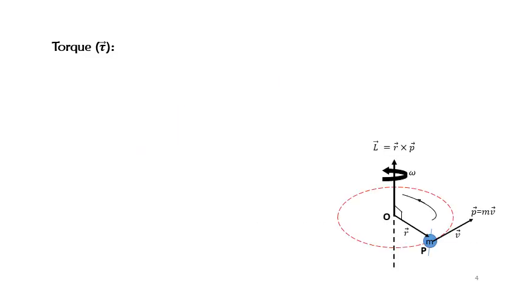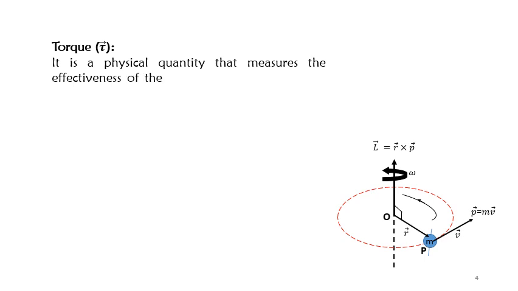Let's go to the next slide. We have our torque. Torque is also another quantity, and the equivalent of torque in linear motion is force. Torque is the physical quantity that measures the effectiveness of the force applied on a body in producing rotation of that body about an axis.